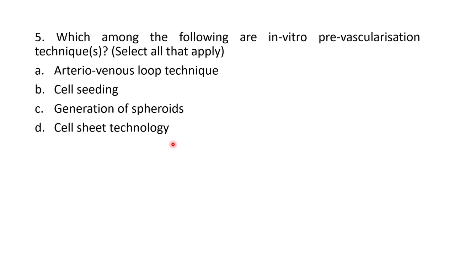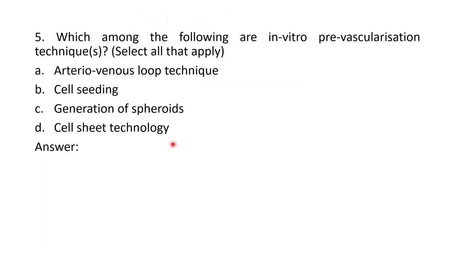So which of these options could be techniques for in vitro pre-vascularization, not in vivo? Okay. Option B and C. Yeah, option B and C, cell seeding and generation of spheroids are used for in vitro pre-vascularization.